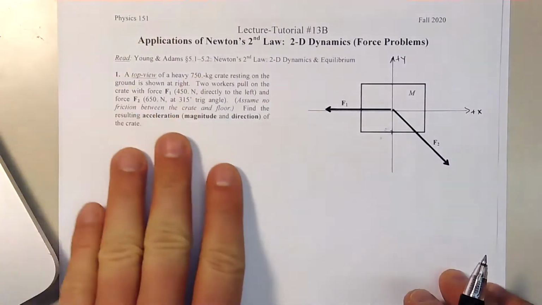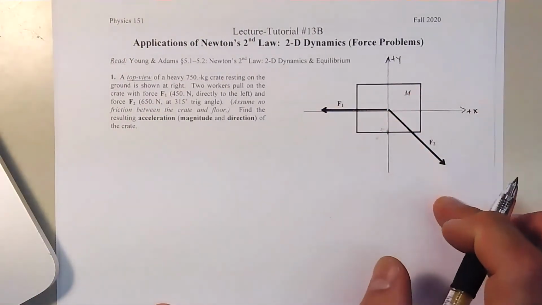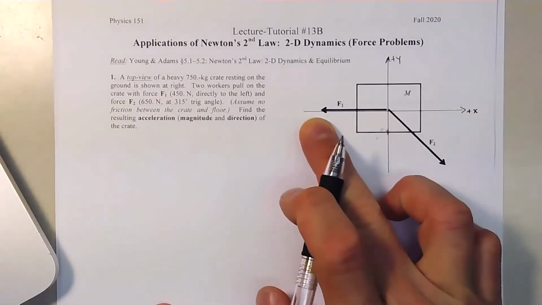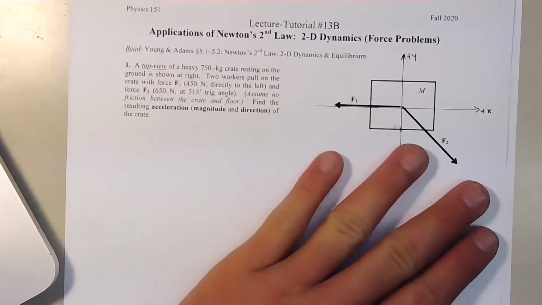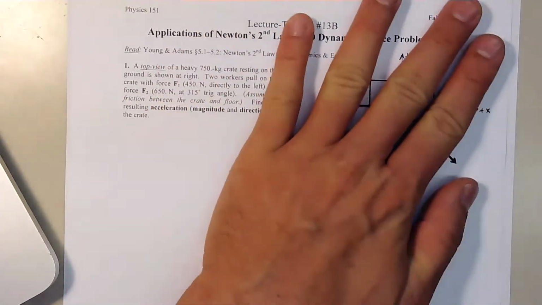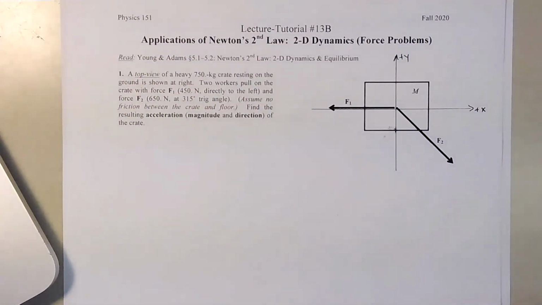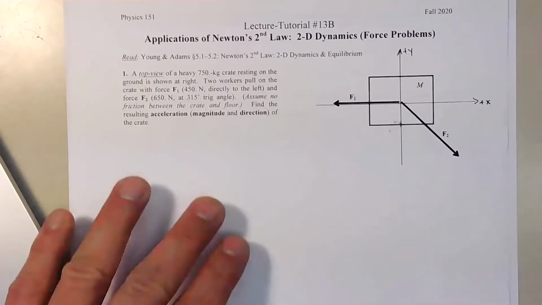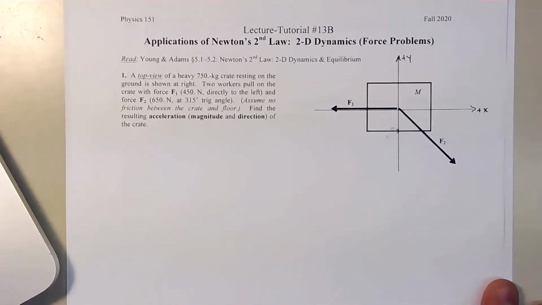Looking at this problem, these forces have no z components to them. And the floor is assumed to be flat, parallel to the plane of the page. So I think that the weight and the normal force are going to exactly cancel each other out. I'm not asked to calculate what that is, so that's fine. We'll just omit it from this problem.